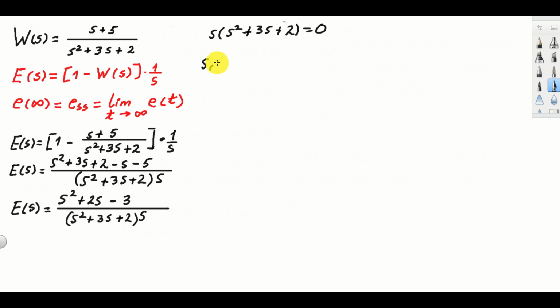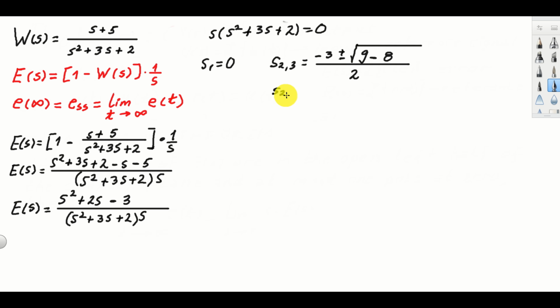One zero is obviously at 0, and we have 2 additional zeros, found as zeros of this polynomial. To compute them, we simply apply the quadratic formula: minus 3 plus minus the square root of 9 minus 8, divided by 2.